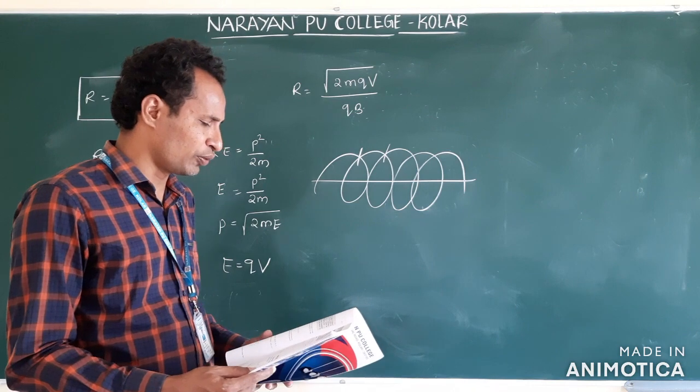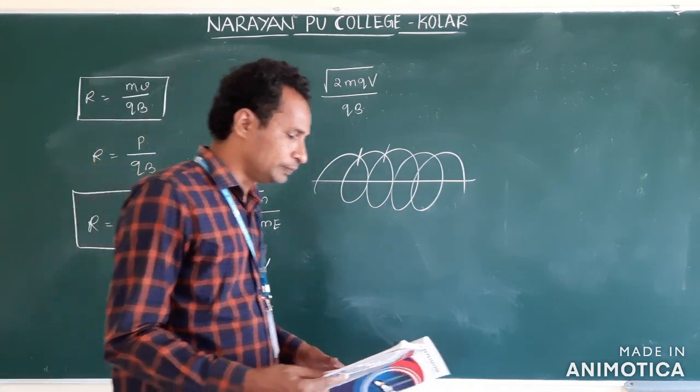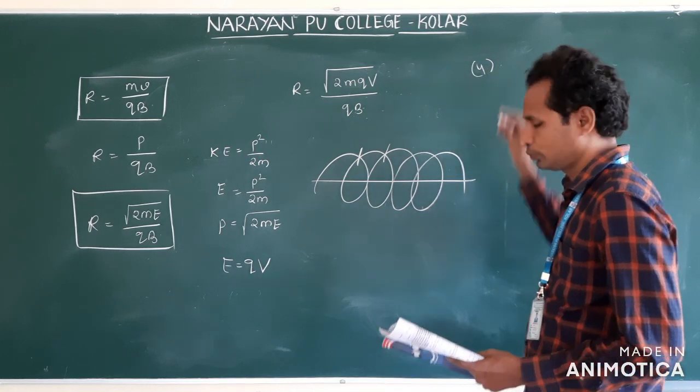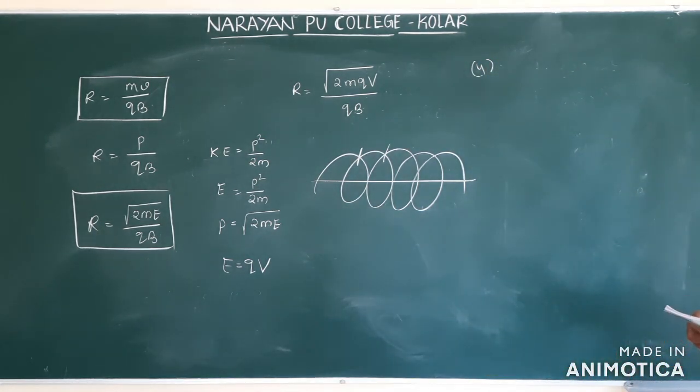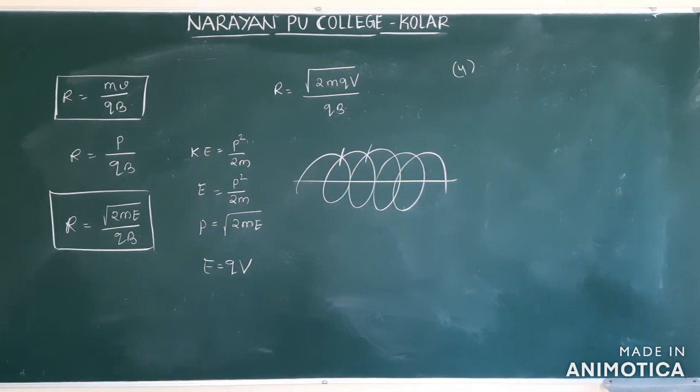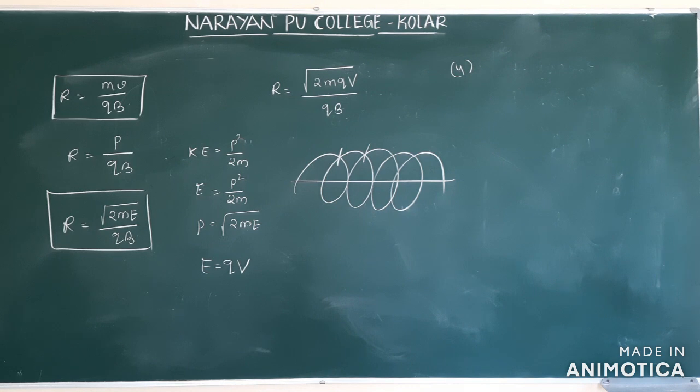Now come to the example problems. Example problem 4. A particle of mass 1 mg and having a charge 1 microcoulomb is moving in a magnetic field B equal to 2 i cap plus 3 j cap plus k cap Tesla with a velocity 2 i cap plus j cap minus k cap meter per second.